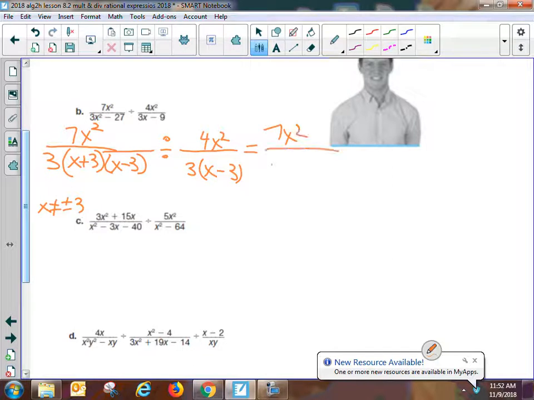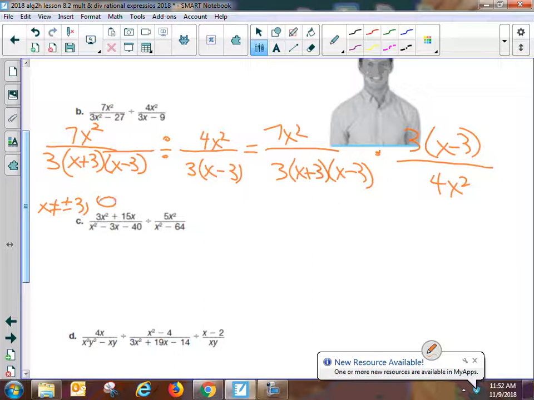That's why I did the spin. Your 3 times quantity x minus 3 goes to the numerator, and the 4x squared in the denominator. Do you agree? So say it again, I'm sorry. Yeah, we're going to add to our restriction. So now we have a 0, and that's the only thing extra.